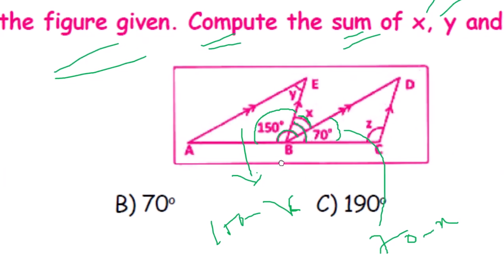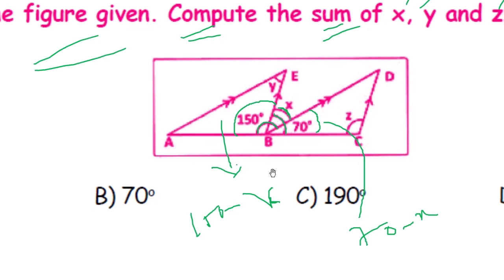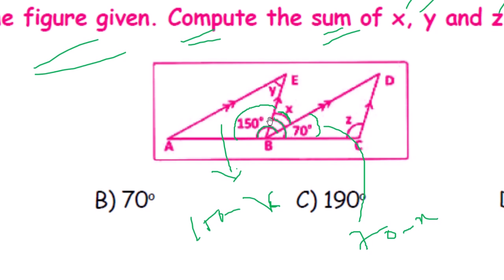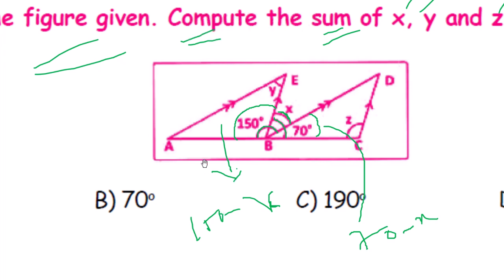So now how to find these values? We have to find x. Now these three parts, if we add this 150 minus x part, this x part, this 70 minus x part, the first part, second part, third part are lying on the same straight line ABC.